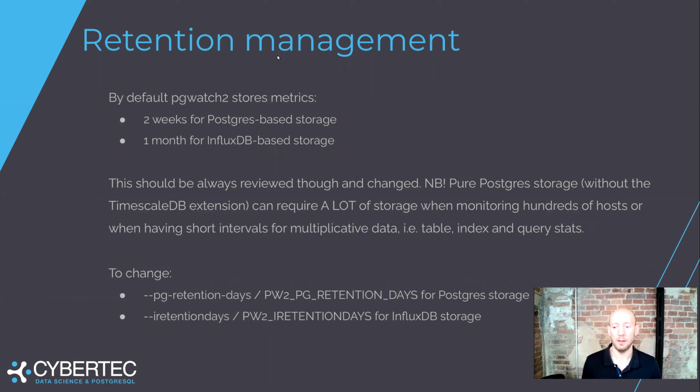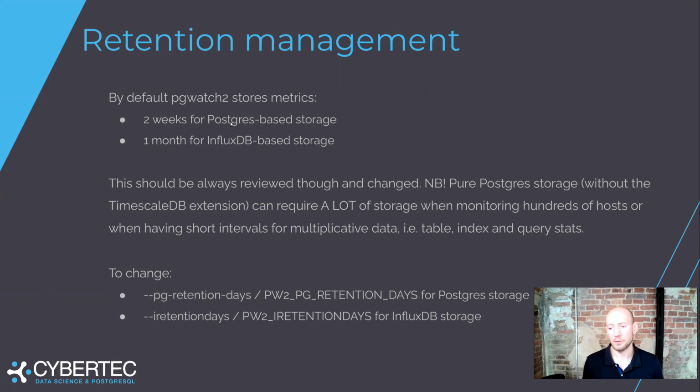When we were setting up our service, we did not stop here, although this is an important topic. The thing is that when you immediately start monitoring hundreds of databases using some aggressive metrics preset, it can actually happen that you will run out of disk storage on the metric storage DB when using plain Postgres.